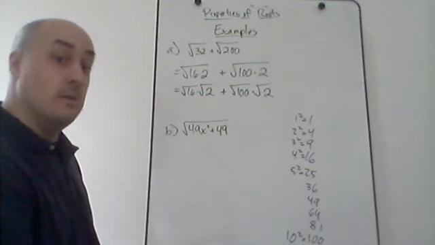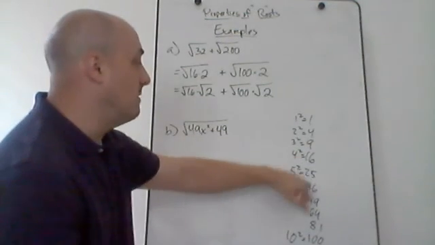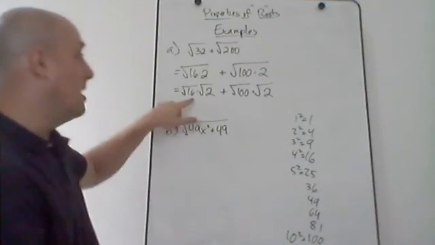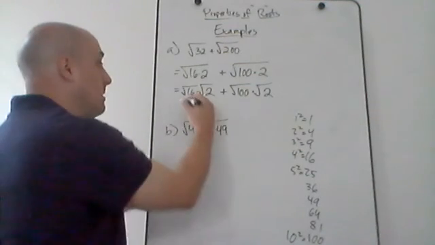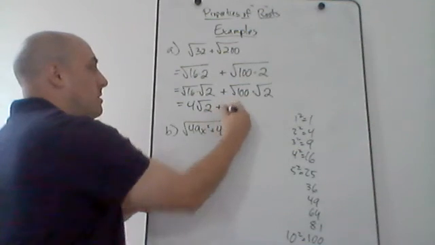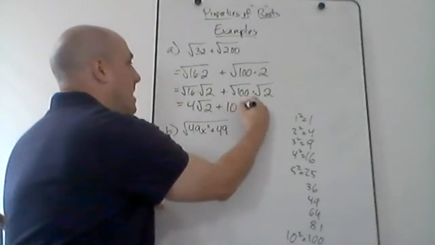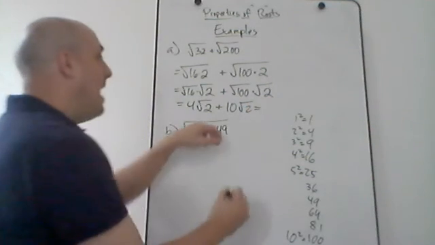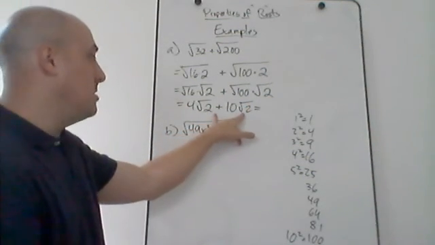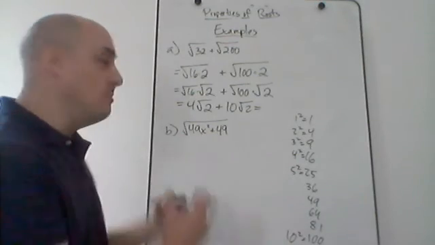The reason I broke this up using these perfect squares, the 16 and the 100, is because I can actually take the square root of 16, which equals 4. So that's 4 times the square root of 2. And I can also take the square root of 100, which equals 10. So that's 10 square root of 2. And now I have two expressions here that have the square root of 2, and so I can add those together by just adding the numbers in front.